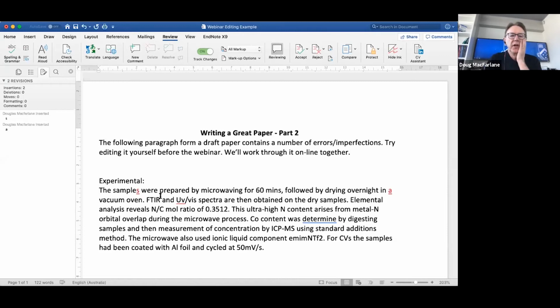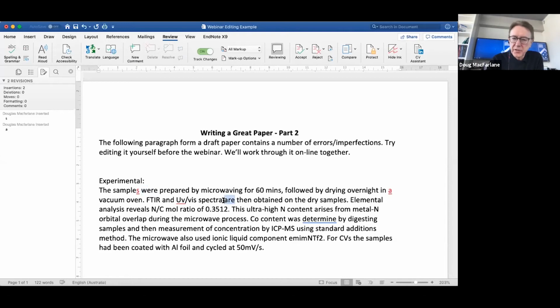Okay, let's press on. FTIR and UV spectra are then, okay, we have a problem here. The problem is that previously we were working in the past tense. You typically do write an experimental section in the past tense, so that would be normal.